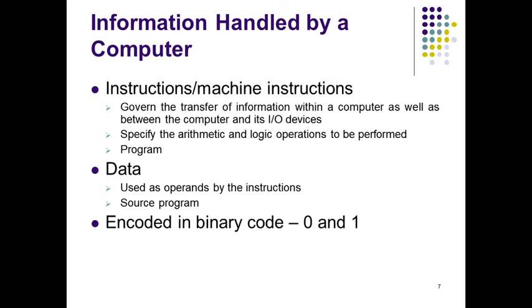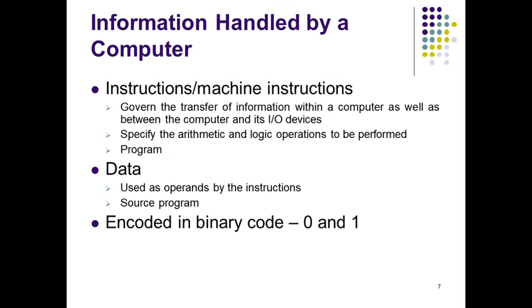For example, the task of compiling a high level language, that is the source program, into a list of machine instructions constitutes a machine language program called the object program. So this is also an example of data, that is converting a high level language into machine level language.